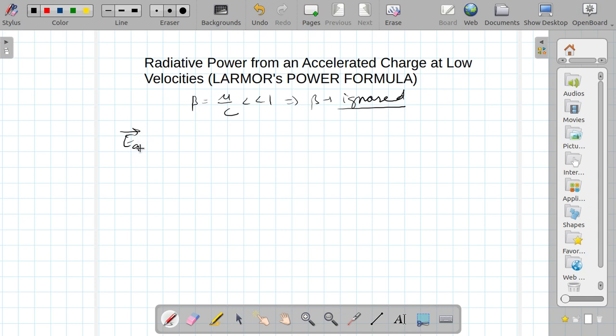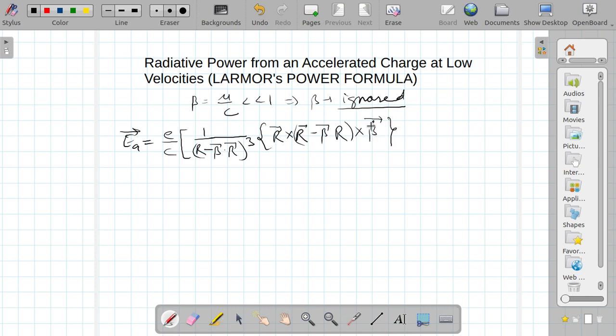The expression is E upon c, 1 over (1 minus beta dot n) whole cubed, times R cross (R minus beta R) cross beta dot, the acceleration component, and this is calculated at the retarded time.